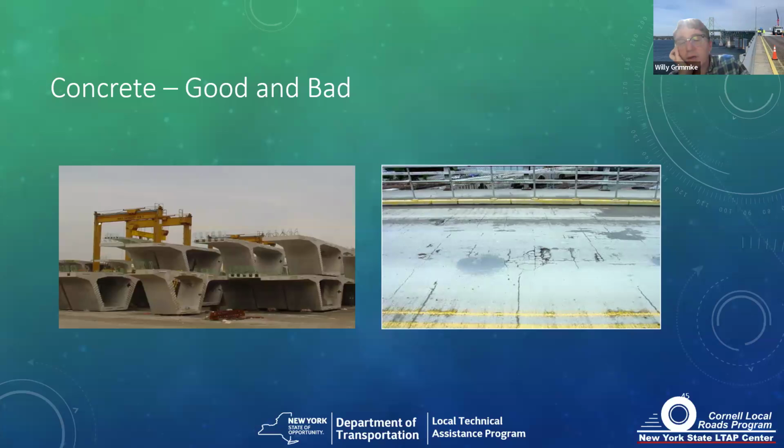And then on the right, we have a bridge deck that's been in service for quite some time. And you can see that we're starting to get some cracking, spalling, delamination. And that is probably due in part to years and years and years of chlorides being applied to the deck for snow and ice control, and the top mat of the reinforcing starting to corrode.